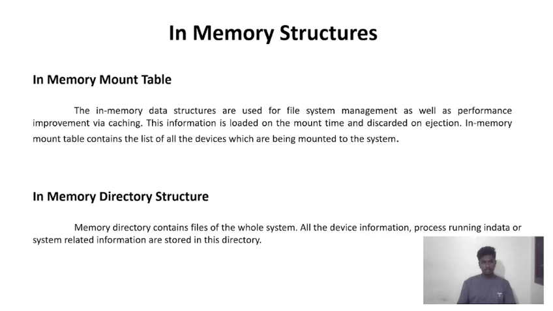The in-memory mount table contains a list of all devices which can be mounted on the system. In-memory directory structure. The in-memory directory contains the files of the whole system, all device information, process runtime data, and system-related information.